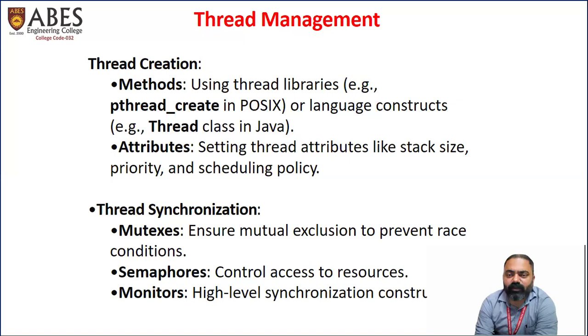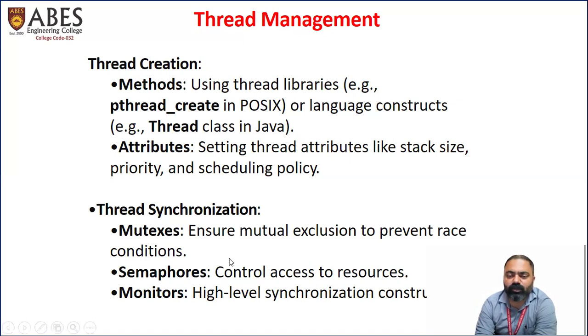Thread creation using thread libraries, like in POSIX you have pthread_create, or threads in Java. Attribute setting: thread attributes like stack size, priority, scheduling policy. And how can threads get synchronized?